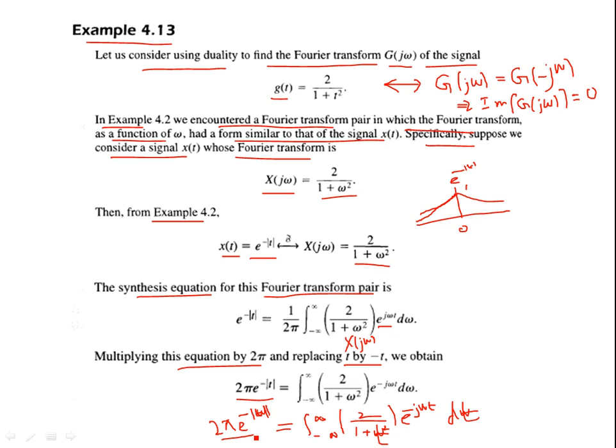to the minus |omega|. So the idea is that you have a signal, which in this case is 2 over 1 plus t squared, for which we do not know the transform, and in fact evaluating the Fourier transform directly with integration is not that straightforward. What you do is you apply duality.